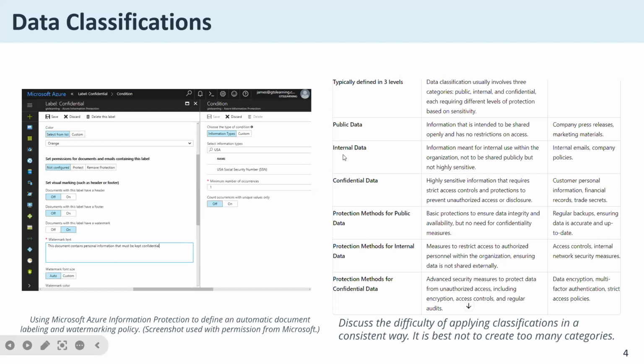Then for internal data, most of the time internal emails. I knew somebody in the UK where something happened within the enterprise, and she started complaining, made screenshots of the internal mails, and somehow it made its way to social media. So internal correspondence should not be shared because it contains sensitive information.